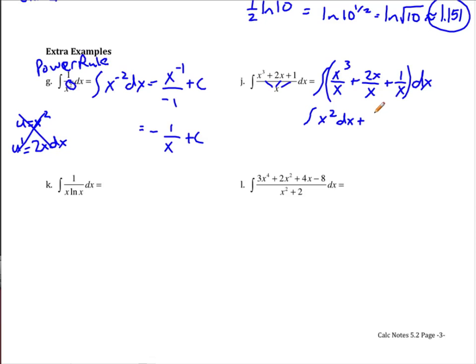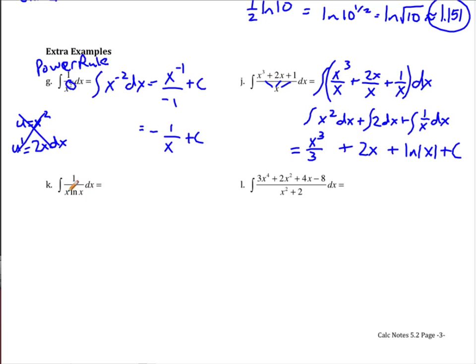And we'll split this into separate integrals. And then 2x over x is just going to be 2. And then plus the integral of 1 over x dx. And then we integrate each one separately. So here we get x cubed over 3. And then this one becomes 2x. And this last one becomes the natural log of the absolute value of x. And finally plus c. So divide out first if you can.